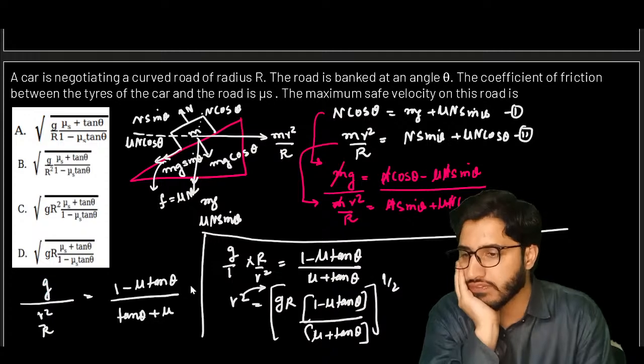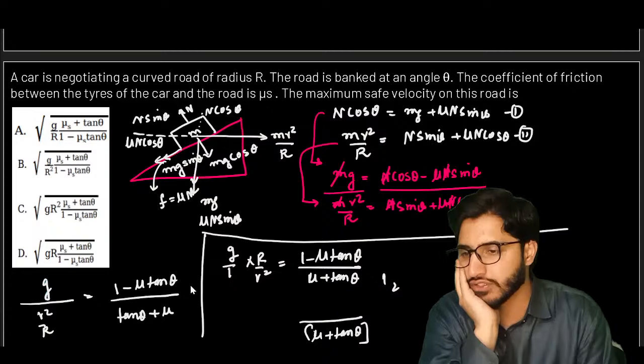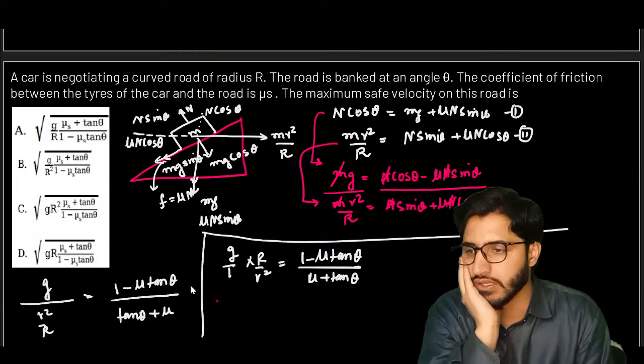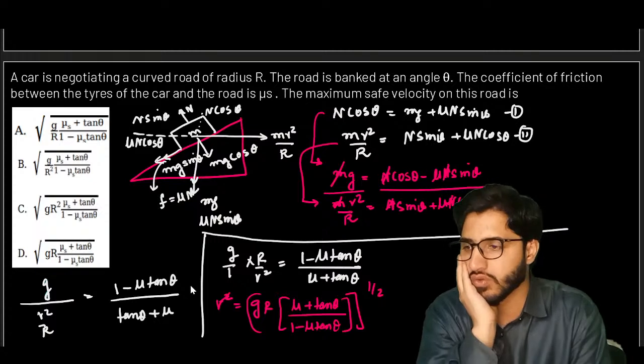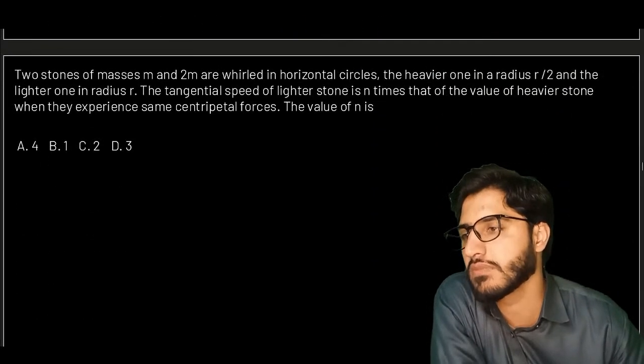I can take it upwards. Yes, I need to change this one also. So v square will be equals to GR, then nu plus tan theta whole divided by 1 minus nu tan theta, and 1 by 2. So GR nu as, I guess, option C. Yeah, option C is correct answer. Next one.